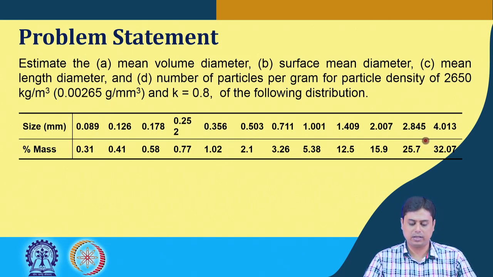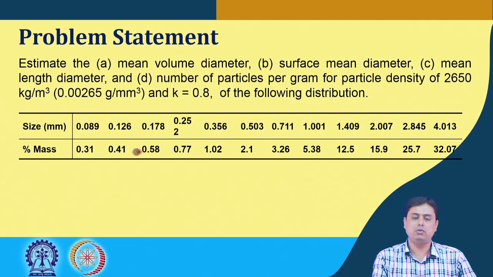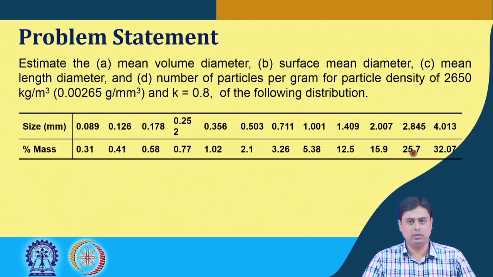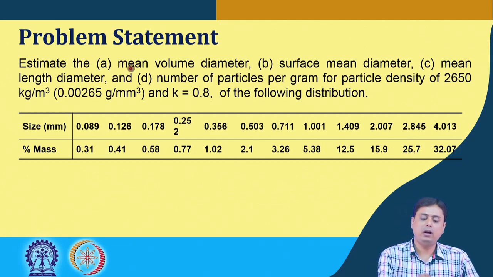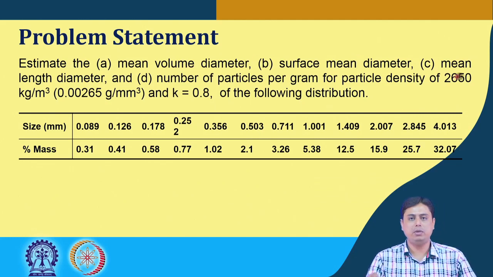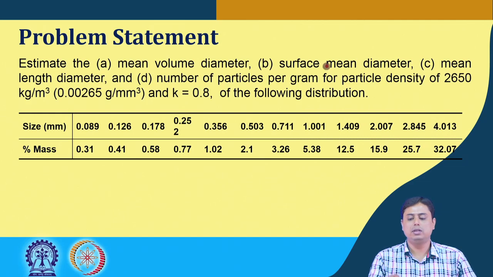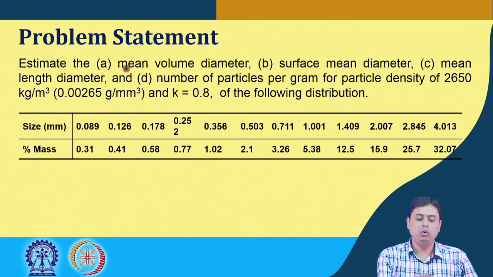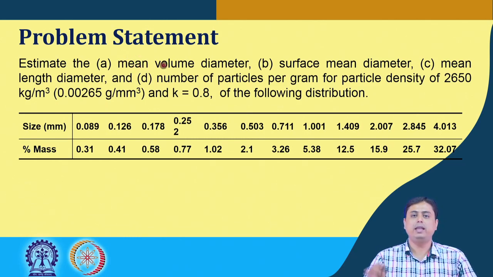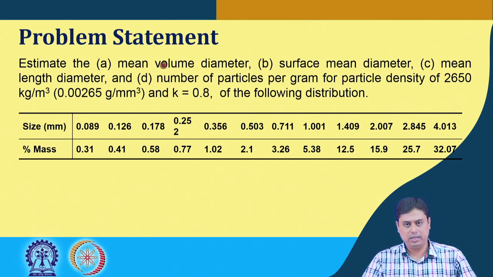So, particle size distribution in terms of mass fraction was given. We had to find out what are the mean diameters with respect to certain property, which is volume, surface and the length. Be careful to look at the adjective mean where it is written, because based on that the expression changes.